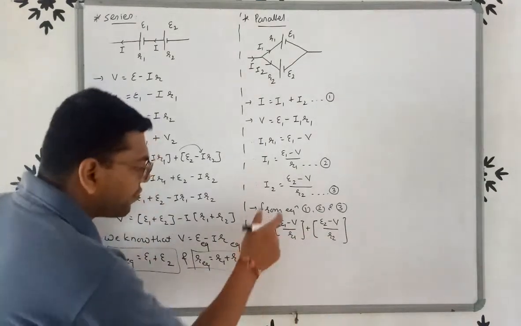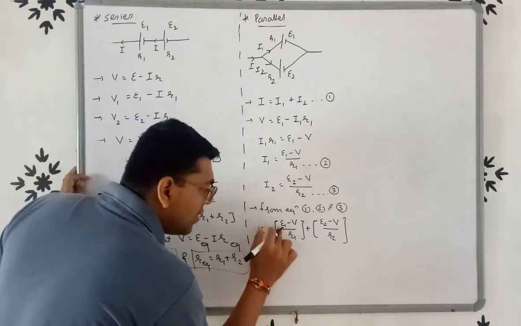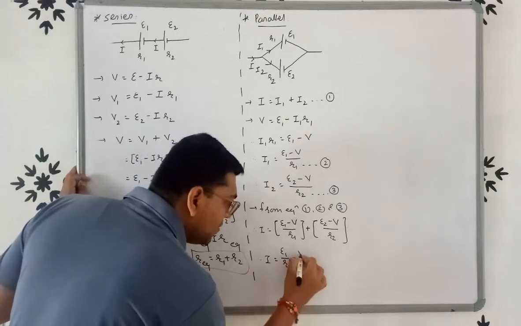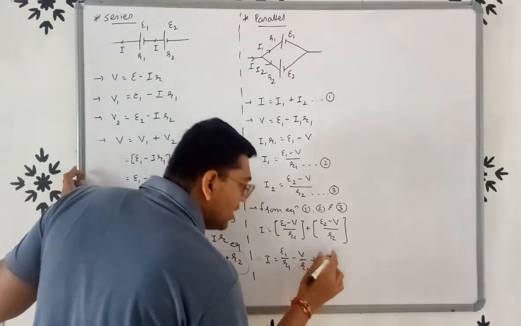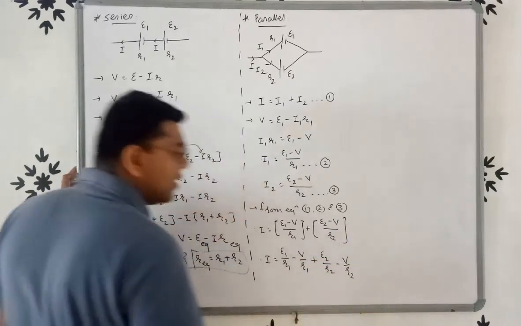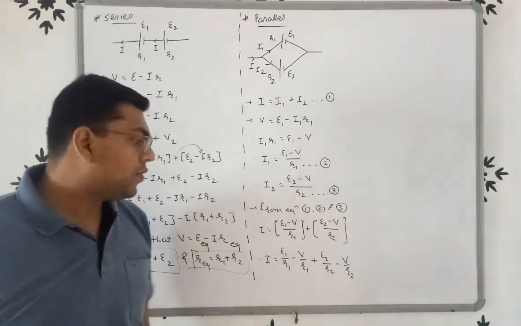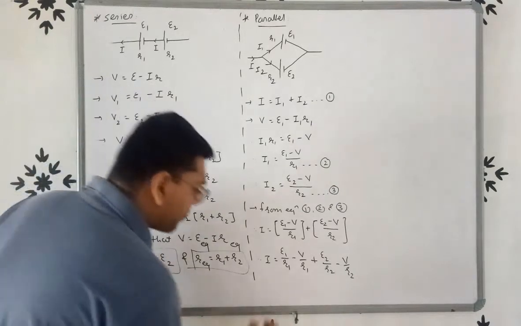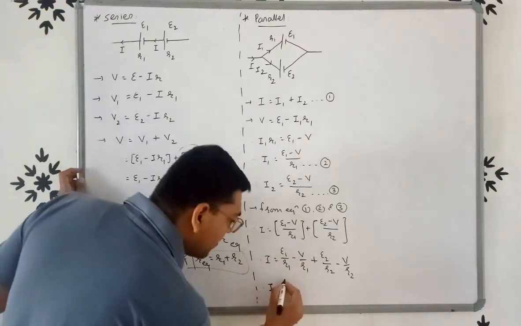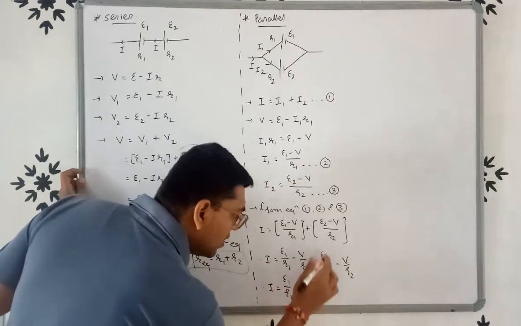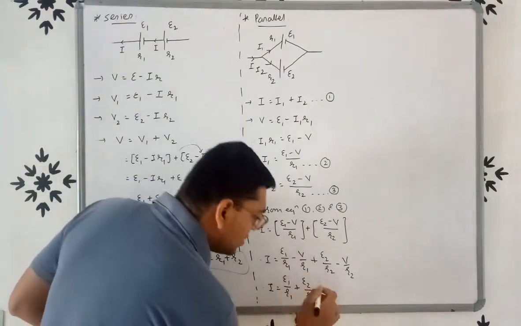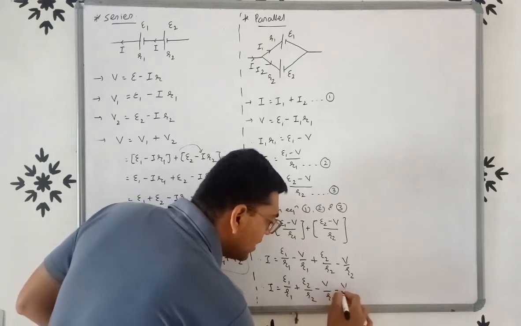Dividing by R1 and R2, we get E1 upon R1 minus V upon R1 plus E2 upon R2 minus V upon R2.